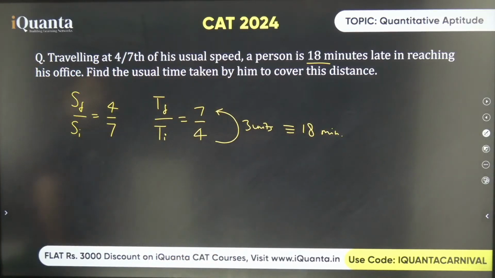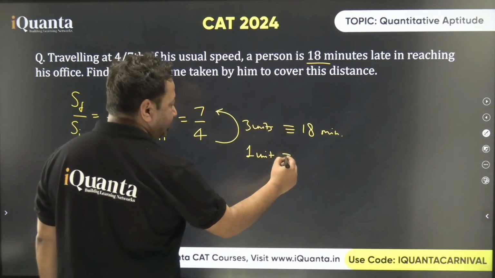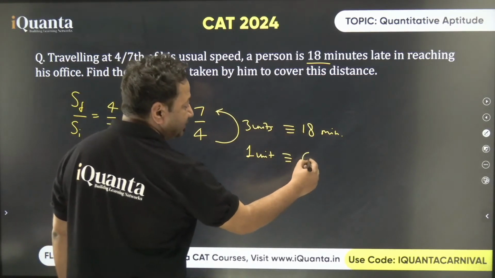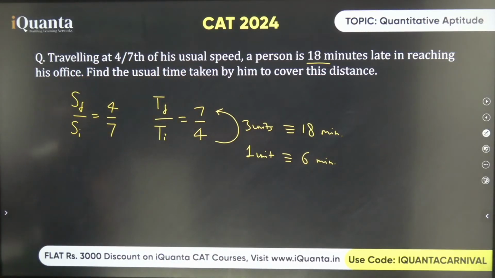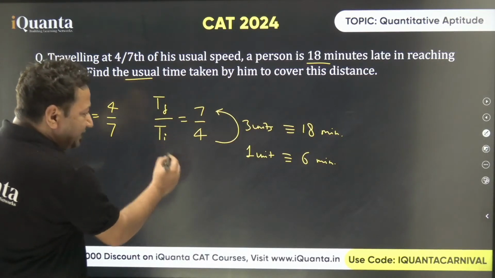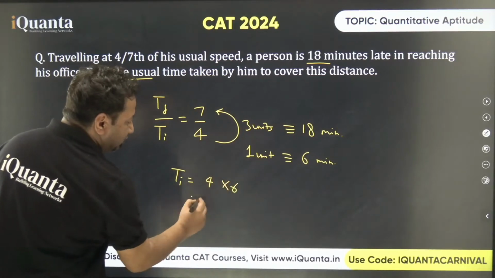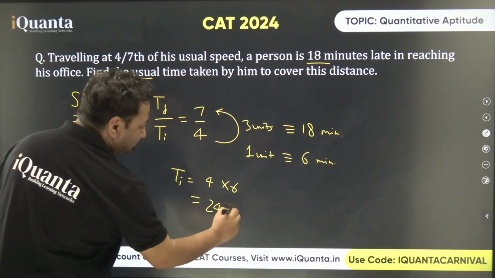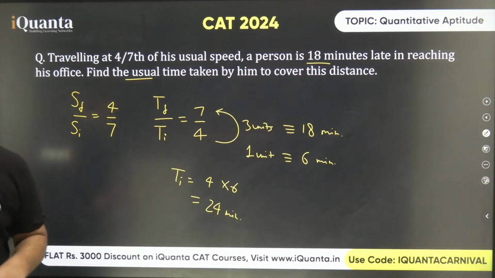So we can say that 1 unit is equivalent to 18 by 3, that is 6 minutes in the real world, which further means that the usual time, that is the initial Ti, is equal to 4 into 6, that is 24 minutes. We're doing the same type of questions for the simple reason that we need to understand this concept totally.